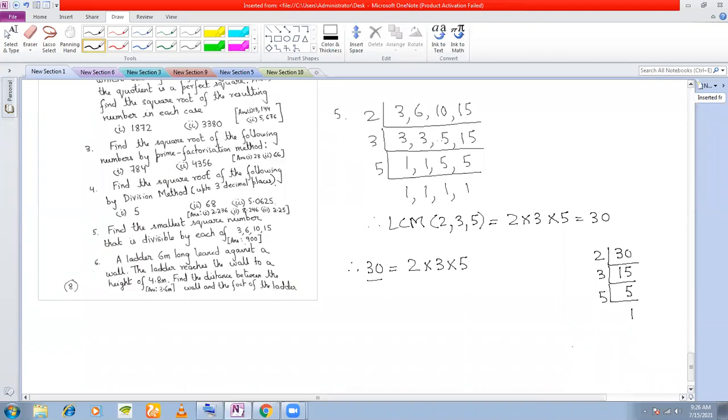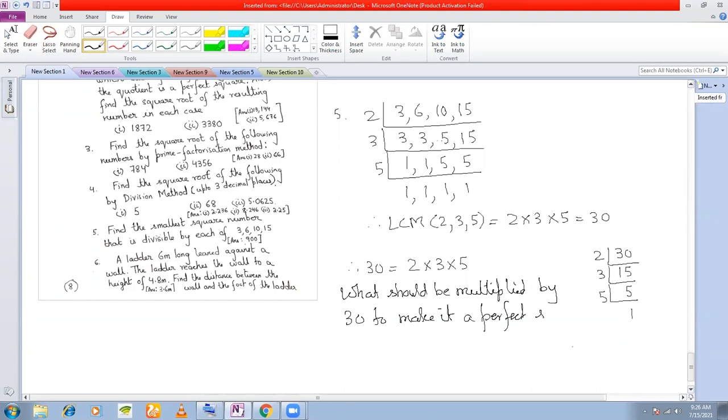So now we want to make 30 a perfect square. What should be multiplied by 30 to make it a perfect square?